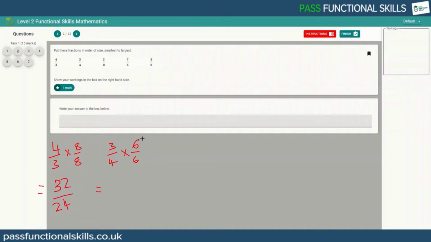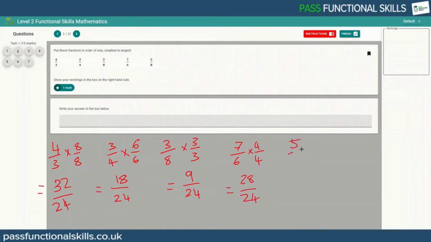So 3 times 6 is 18, over 24. 3/8 this time, times 3/3. We get 9/24. 7/6 times 4/4 comes out to 28 over 24. And finally 5 over 8 times 3 over 3 comes out as 15 over 24.